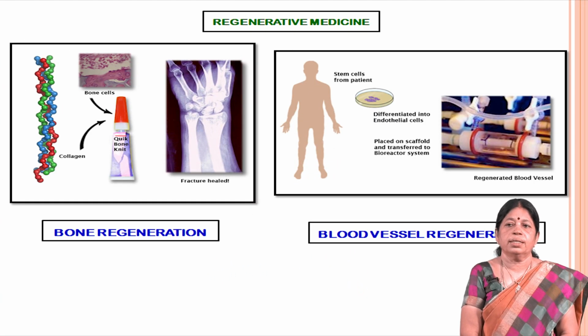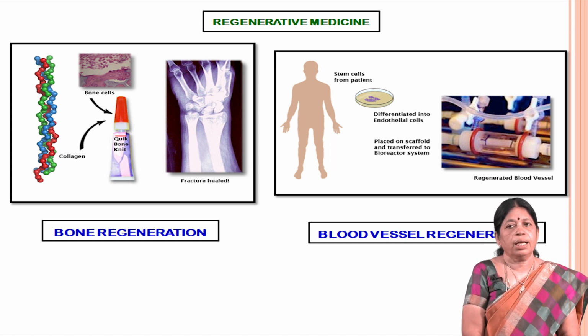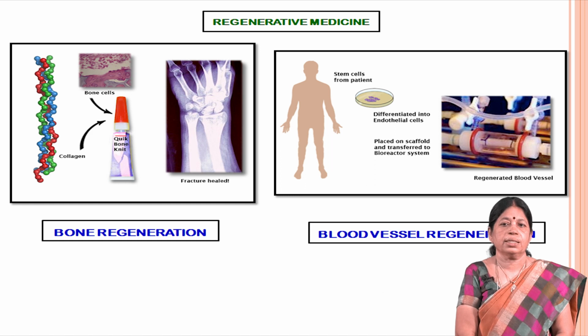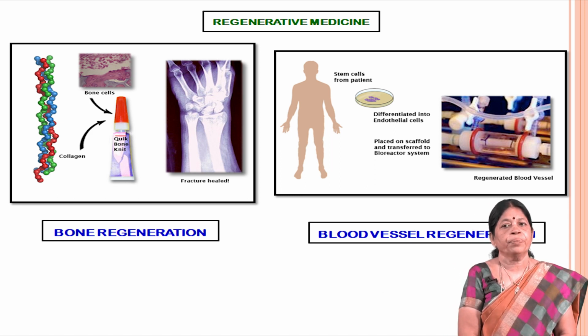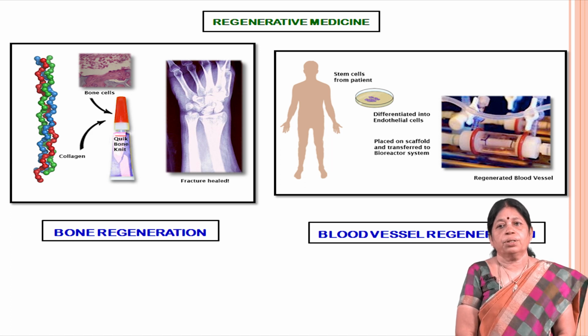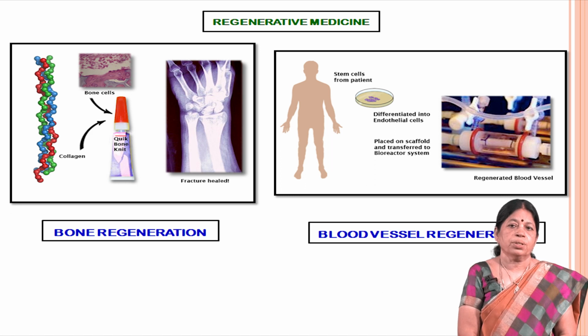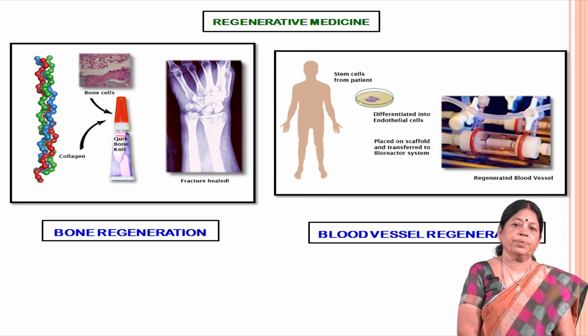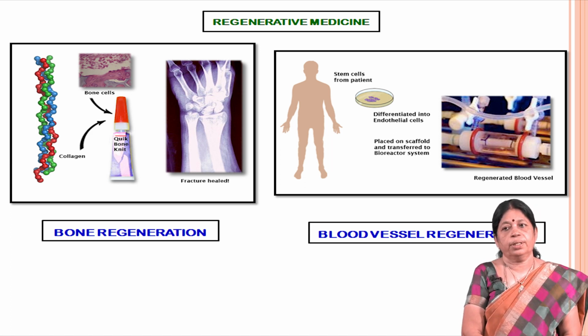And bone regeneration, blood vessel regeneration, they are having various experiments in this form, because the stem cells have high potentiality to develop into normal and functional cells. So the transplantation of bone marrow is also being done as an important advanced feature of medicine.